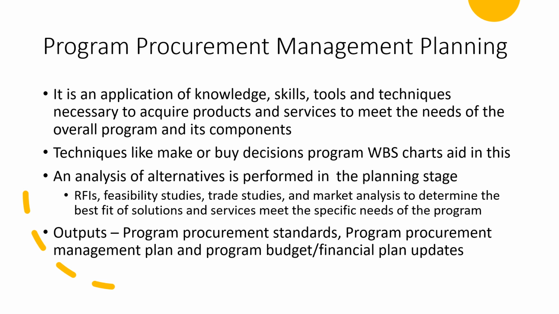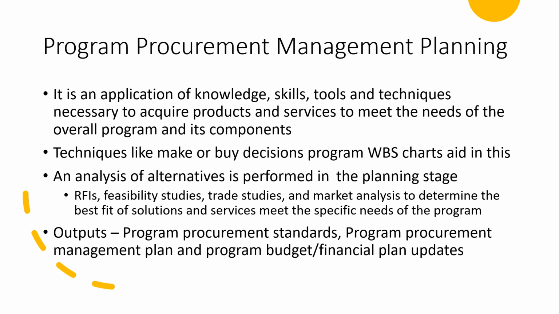Techniques like make-or-buy decisions or program WBS charts aid in this kind of activity. You can use them as guidelines for when to go for make or when to purchase outright, and your WBS chart also helps in making procurement decisions.